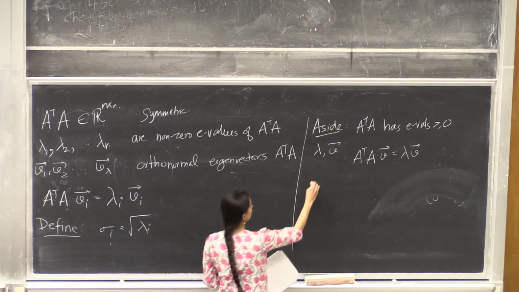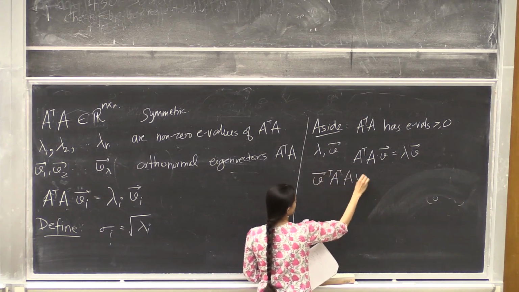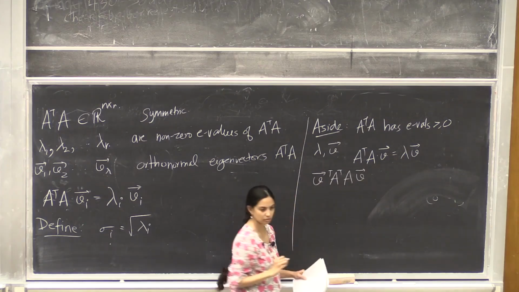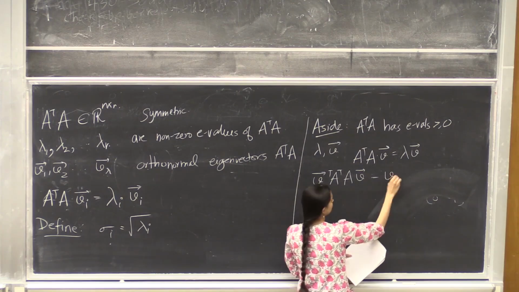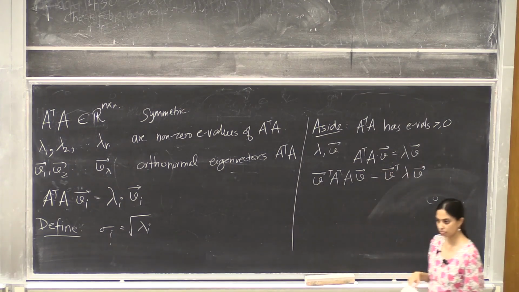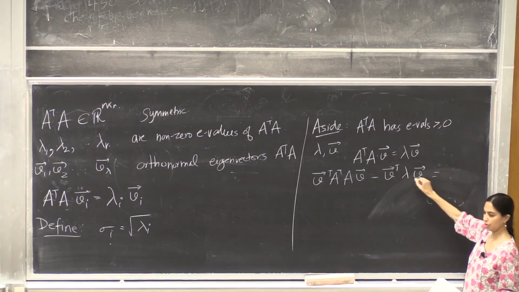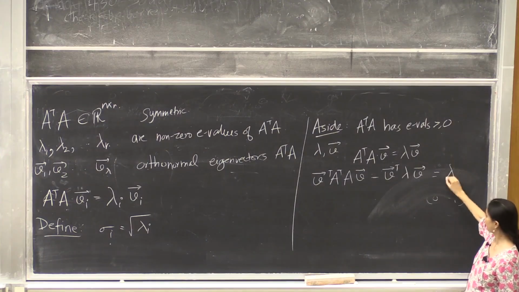Now what if I consider V transpose A transpose A V? What is this equal to? This is equal to V transpose lambda V, right? And if V is unit length, what is this? Lambda. Okay, good.